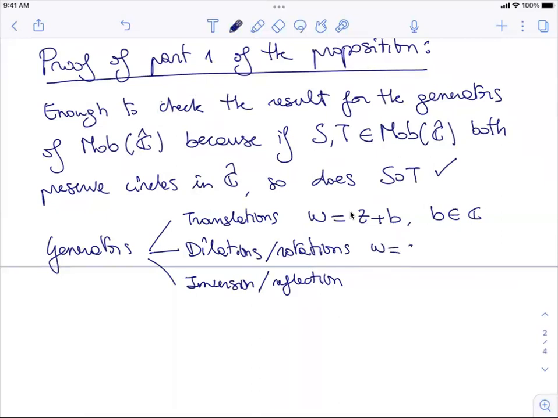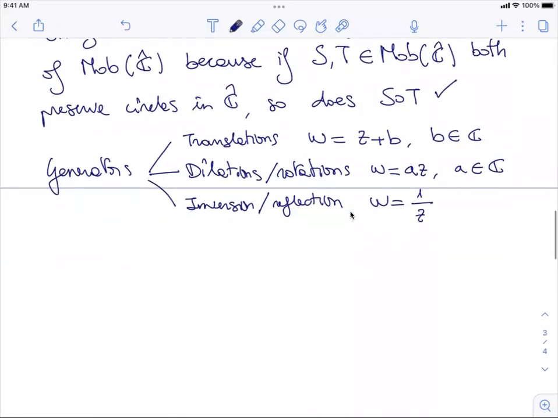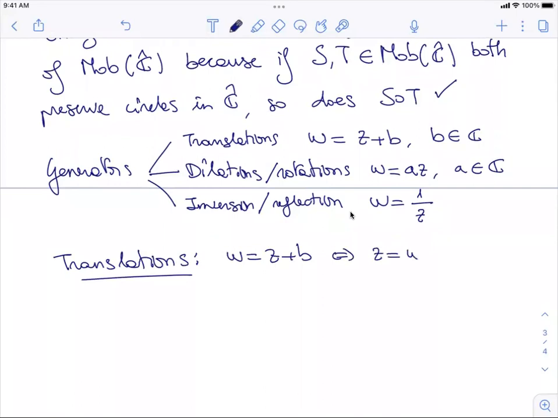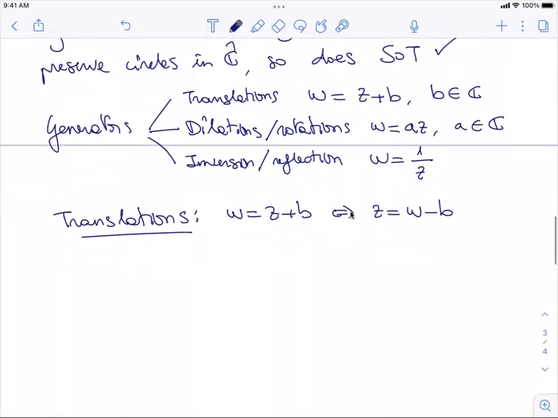Dilations, W equals AZ, A a complex number. And inversion/reflection is W equals 1 over Z. Okay, so let's do the first one. Translations. Here we have W equals Z plus B, or Z equals W minus B.